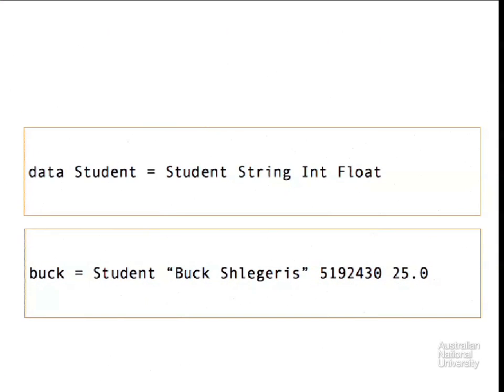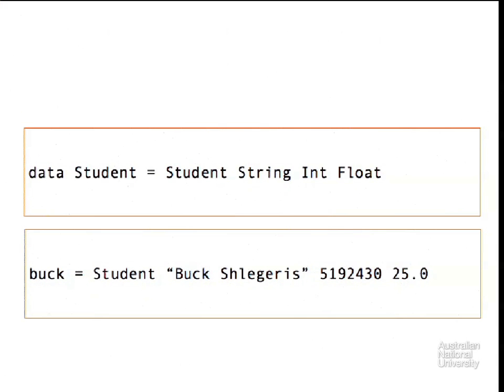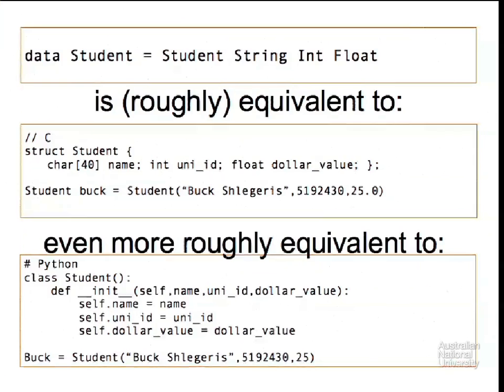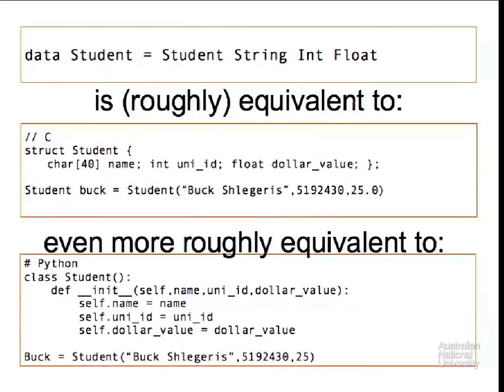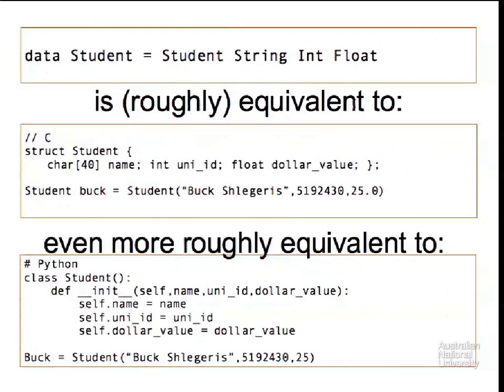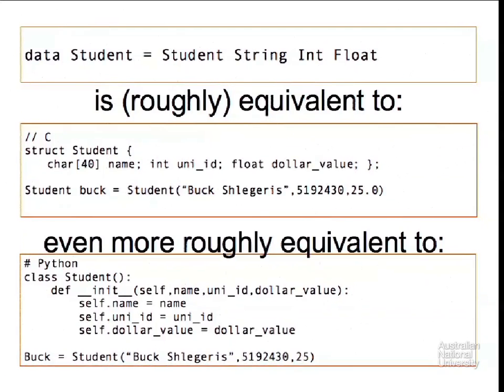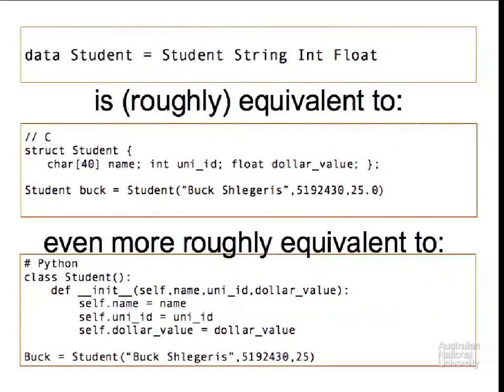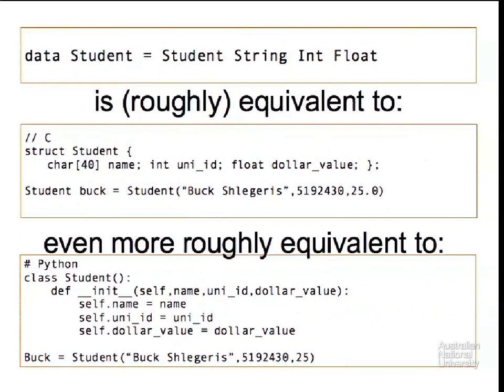This is similar to things you might be used to from other languages. For instance, if you're used to C, you might be used to seeing a struct with a string there, an int for the uni ID and a float for a dollar value. Or even more roughly, it's a bit like this in Python, but in Python there's no actual type restrictions. If you wanted the name to be 53, Python would just be like, sure, it's a pointer.